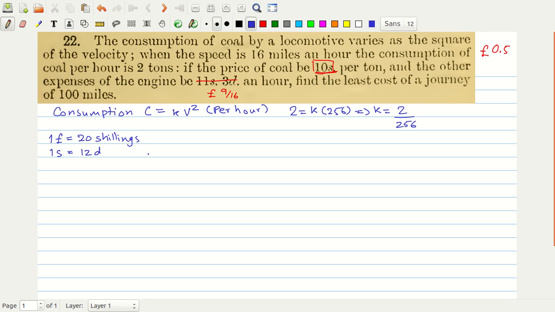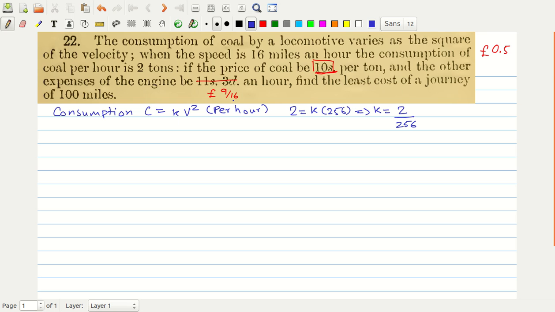If you convert, you will get these values, but I don't want to introduce the old British currency system, so you can completely ignore this. We will use the price of the coal as 0.5 pound and the other expenses of the engine as 9 by 16 pound.